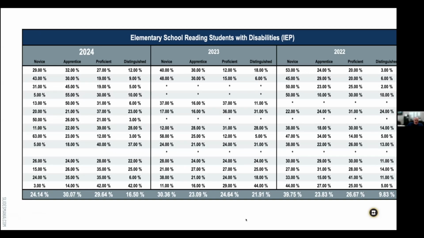Novice has decreased quite a bit. That's right. That was a pretty significant decrease in novice for our region, yes. And again, this is just for our students with disabilities. So what have you noticed about when we decrease novice, where do we see a greater increase? Like it'd be apprentice.